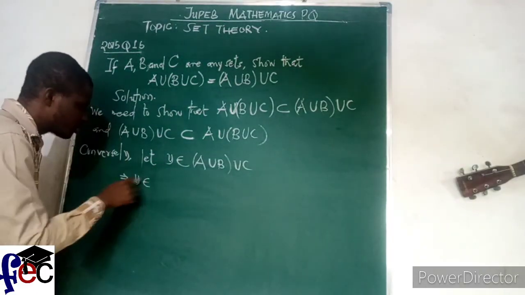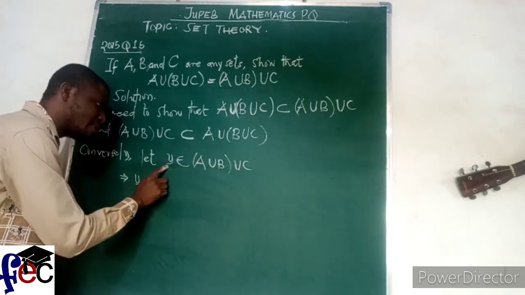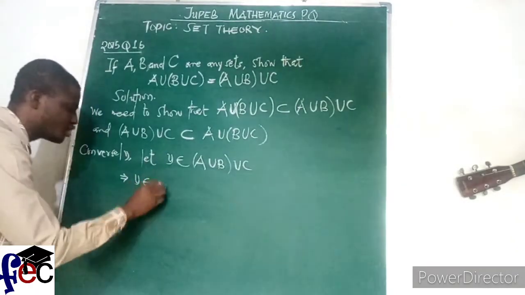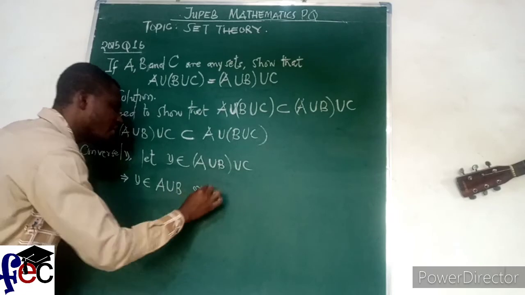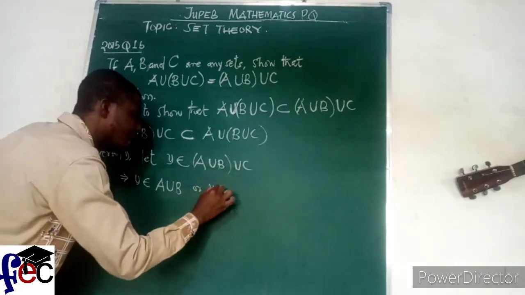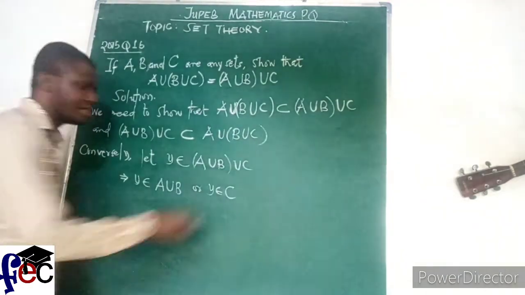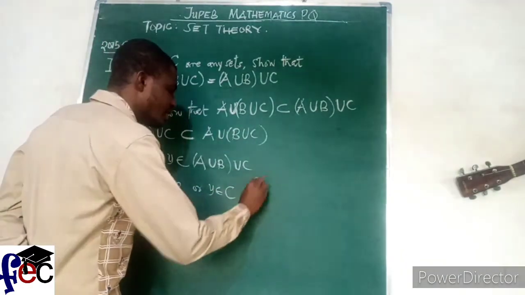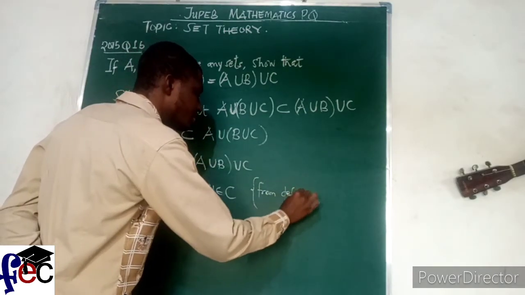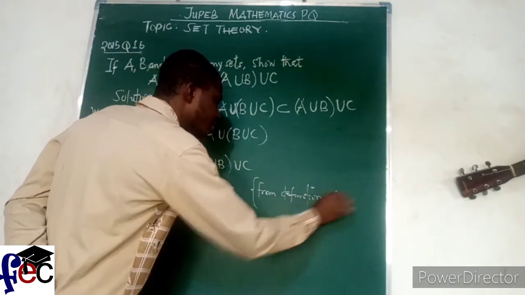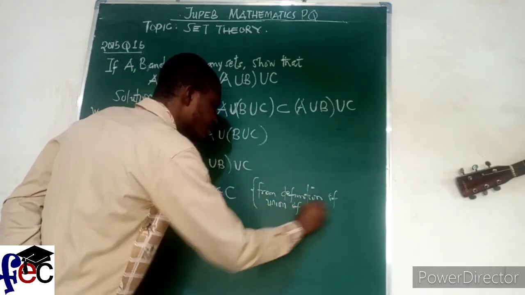So if Y is a member of this, definitely Y is going to be a member of A union B, or Y is going to be a member of set C. What's the reason for this? I can put it beside: from the definition of union of sets.